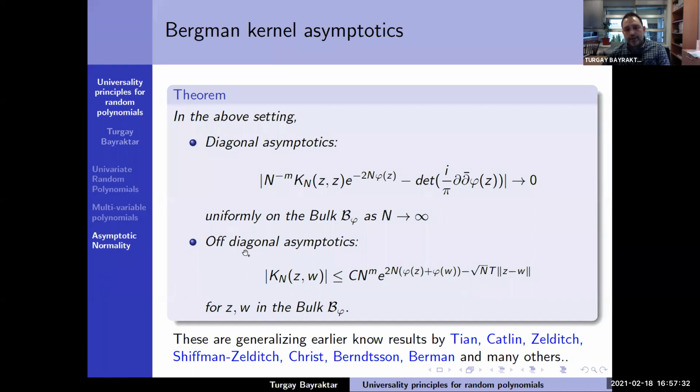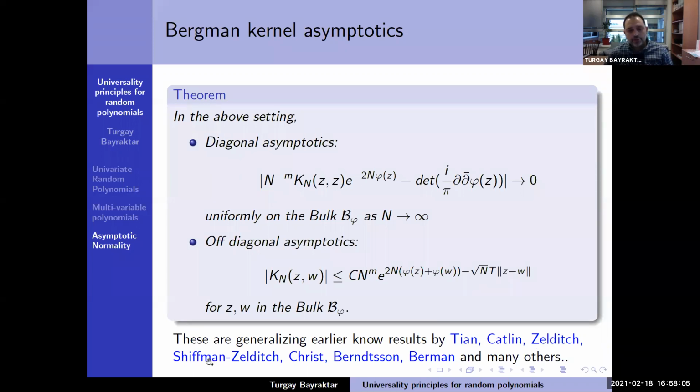You also have the off-diagonal asymptotics. When z and w are far away, the Bergman kernel decays exponentially fast. That tells you this, again when z and w are chosen in the bulk. Of course, this has been studied in many contexts. I think the first results go back to Tian, Catlin, and Zelditch for the diagonal asymptotics, or the first order asymptotics of the Bergman kernel associated with positive line bundles.